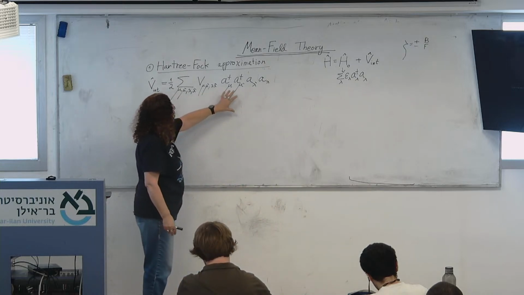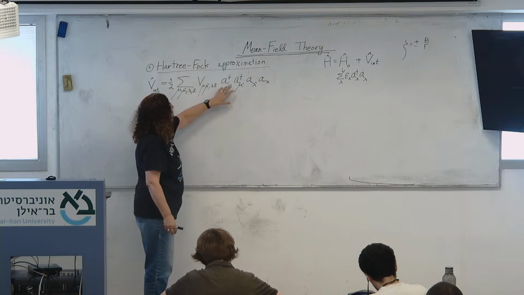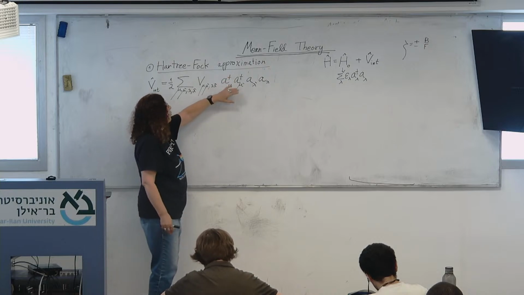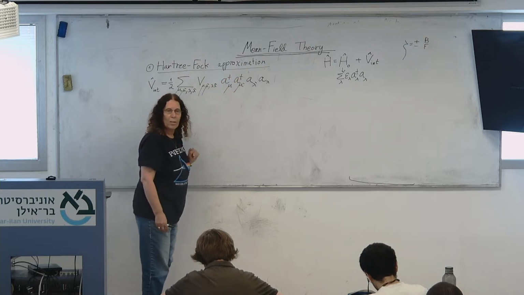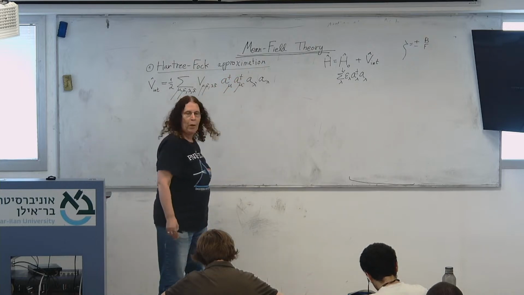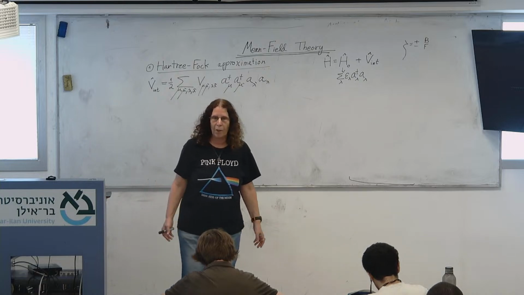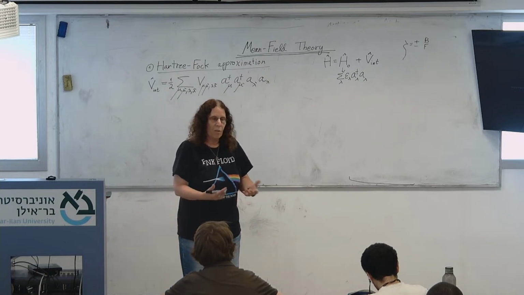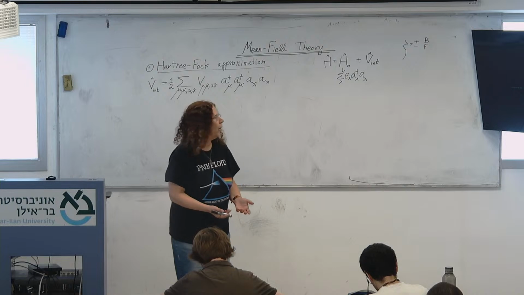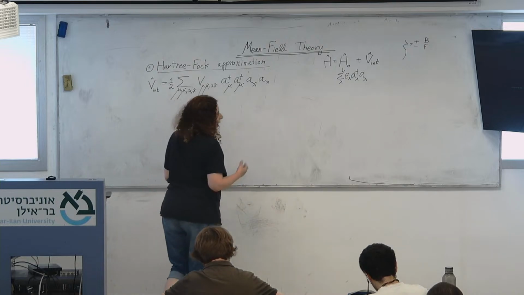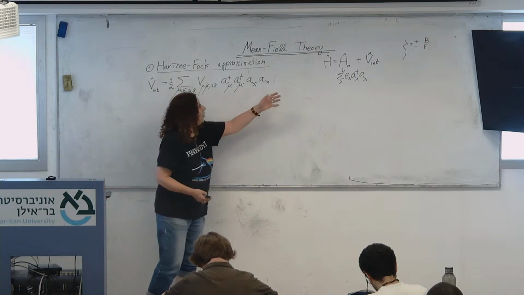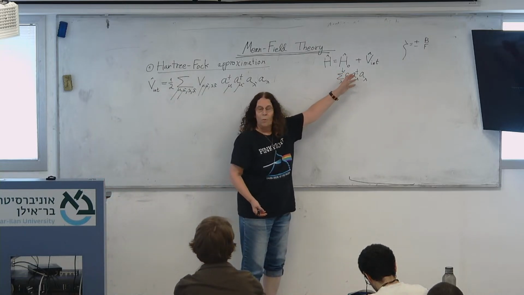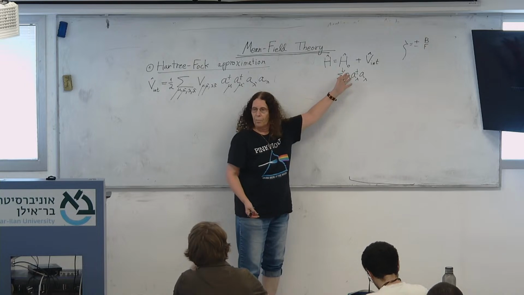So what we're going to do is to replace one of each pair of operators, of each two pairs of operators, by an expectation value. This is going to be a number, and then we're going to get an effective single body Hamiltonian that, adding it to H naught, we can easily solve, okay?